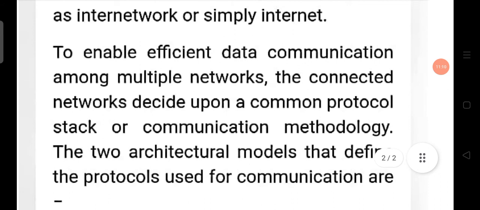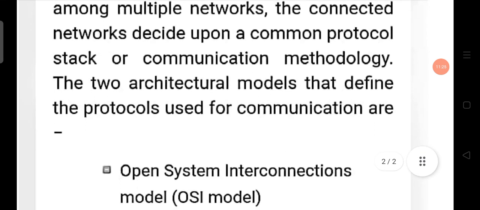To enable efficient data communication among multiple networks, the connected networks decide upon a common protocol stack or communication methodology. The two architecture models define the protocol for properly sending or receiving data through the internet.